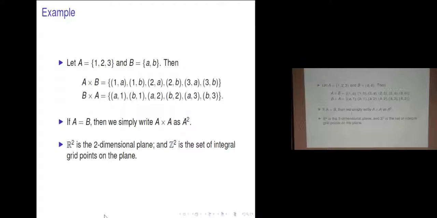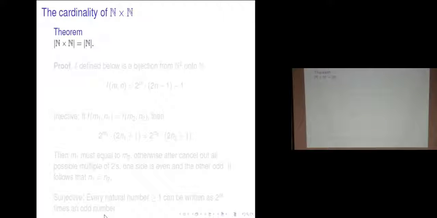And Z squared is the set of integer grid points on the plane. Imagine you have R2, and you pick out points like (1, 1), or (1, 2), or (3, -3). These are elements of Z squared.